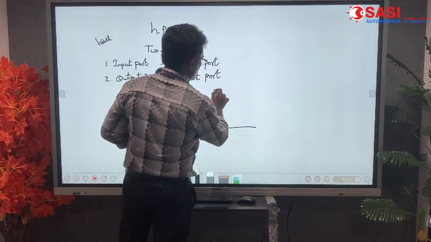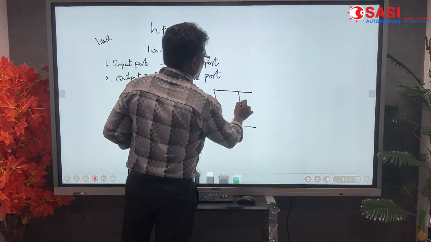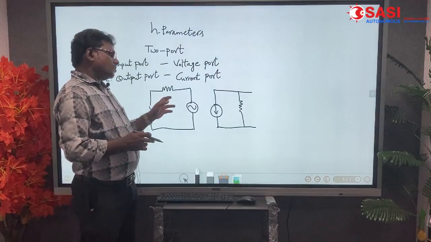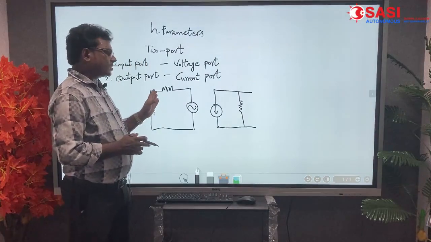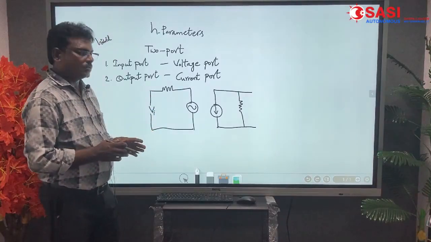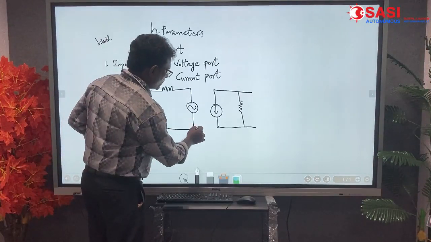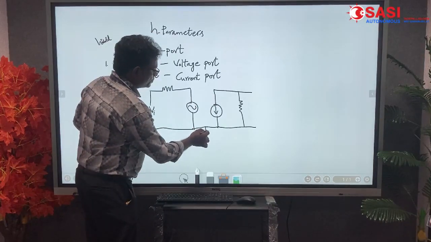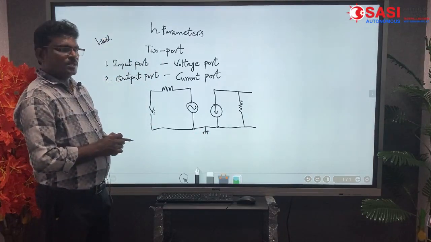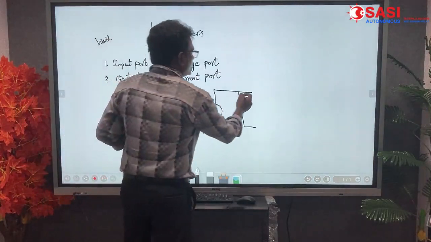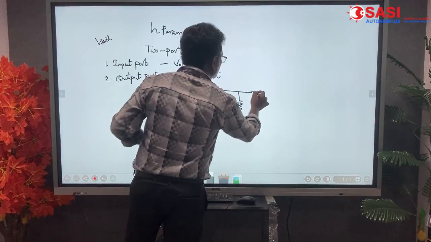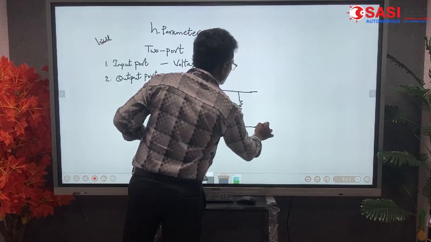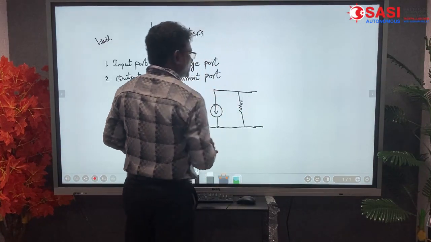In a current network, the resistance must be connected in shunt. In the voltage port, we connect the resistance in series. We know about that. So this is ground. For the second port, a resistance is connected in shunt.